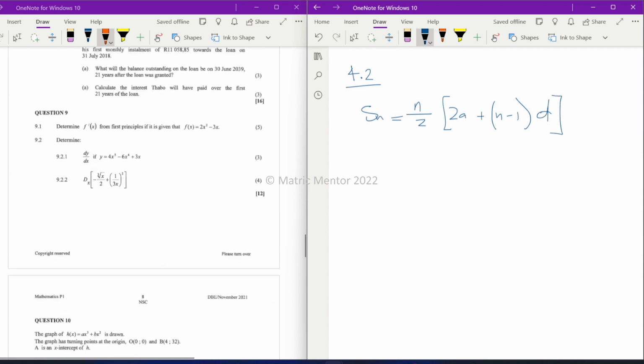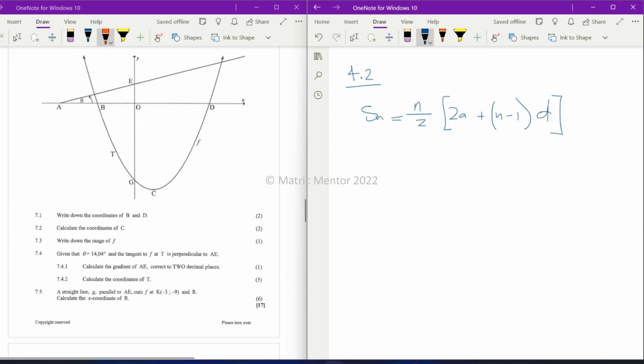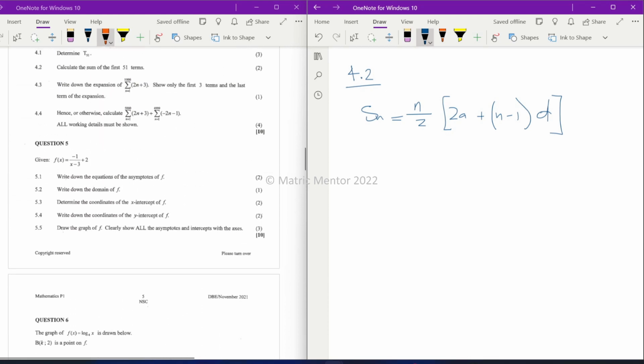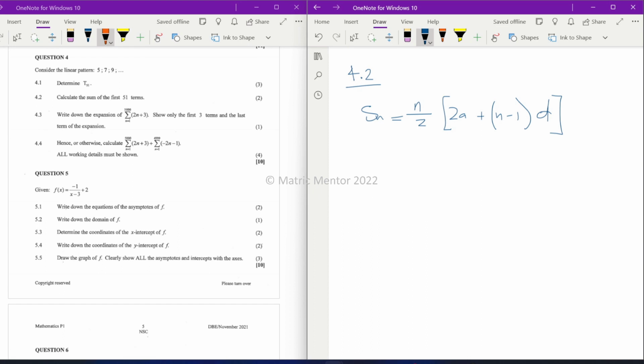Let me quickly explain what this equation calculates. What does this formula calculate? When we have an Sn formula like this, we're calculating the sum of the terms.